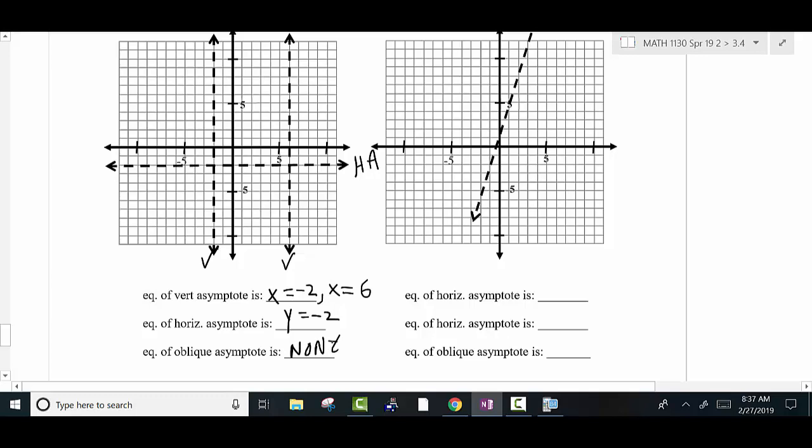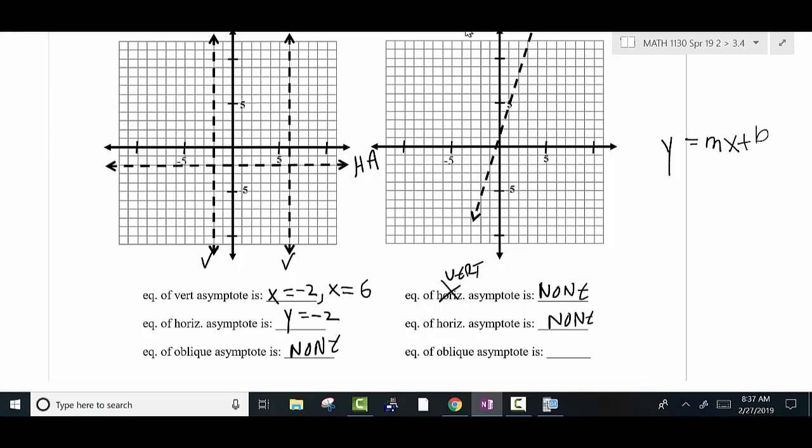The next one does not have a horizontal asymptote, nor a vertical asymptote, but it does have an oblique asymptote. If you wanted to figure out the oblique asymptote on this, it's a line, so it's y equals mx plus b. You would just have to estimate the y-intercept and the slope.